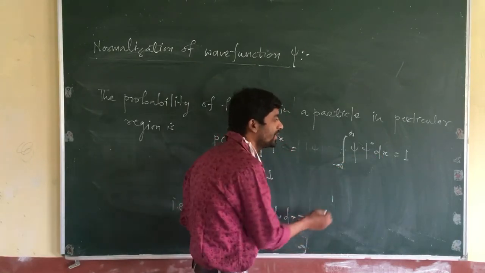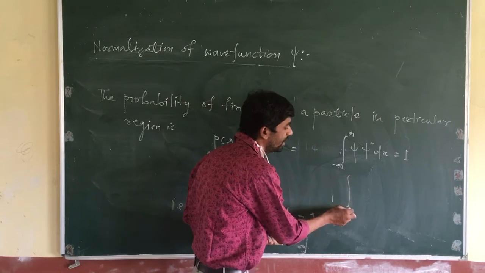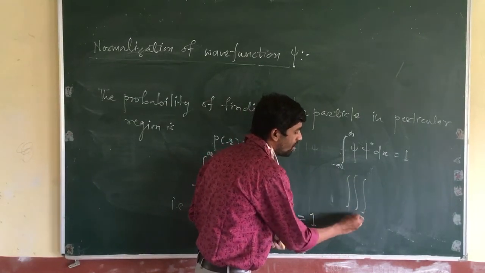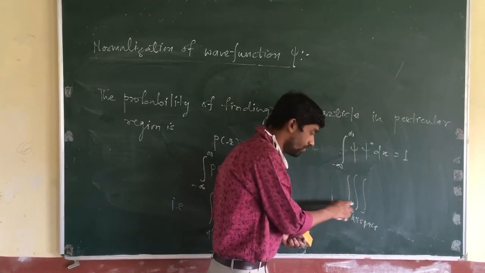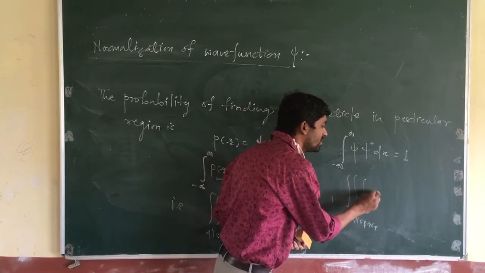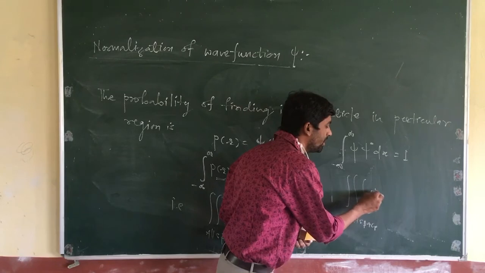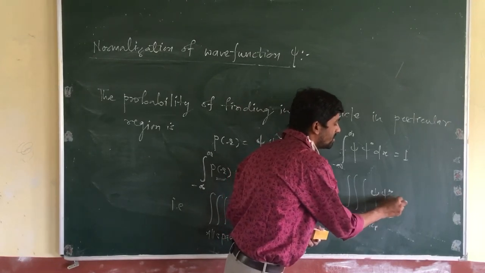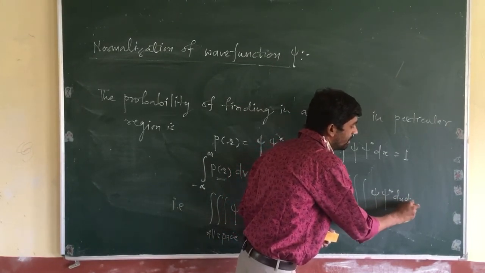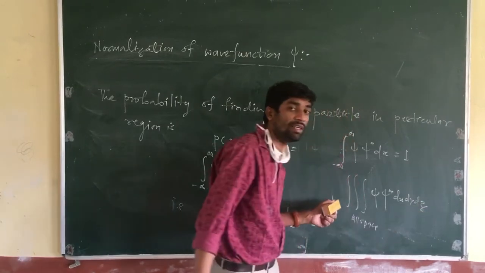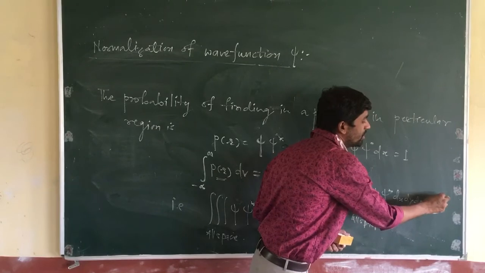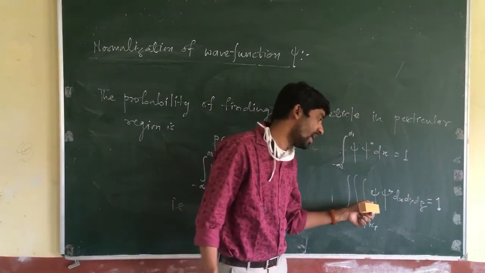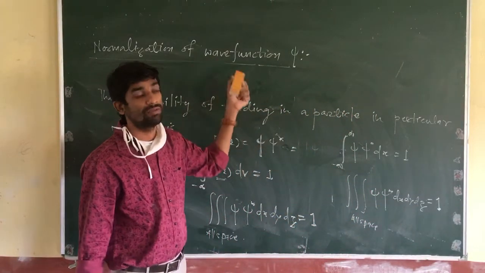If I have to take 3 dimensions, I have to take all space. All space means I have to take along the x axis, y axis and z axis, and the probability means psi into psi star, here dx, dy and dz. This integration value should equal 1. If this value is equal to 1, then that wave function psi is known as your normalized wave function.